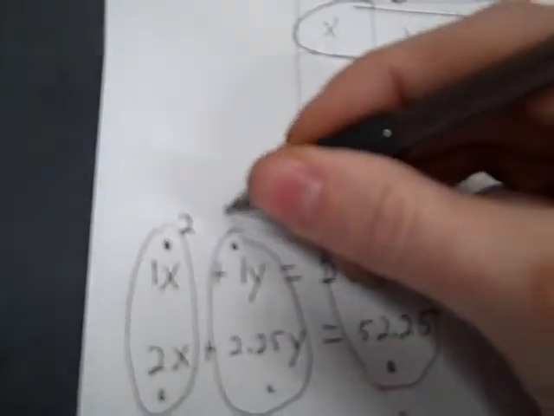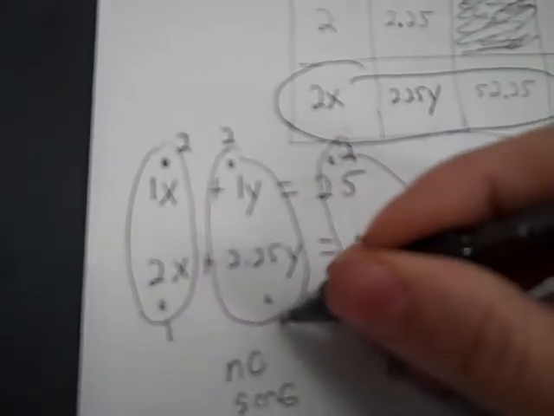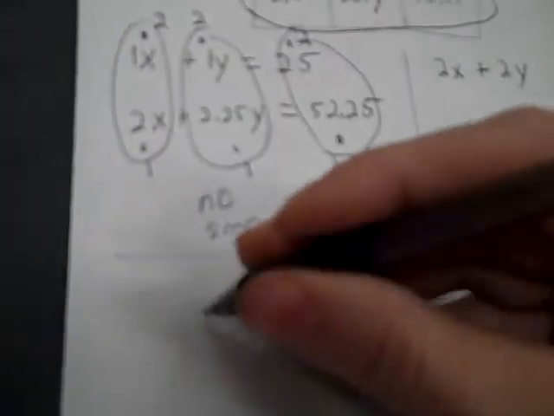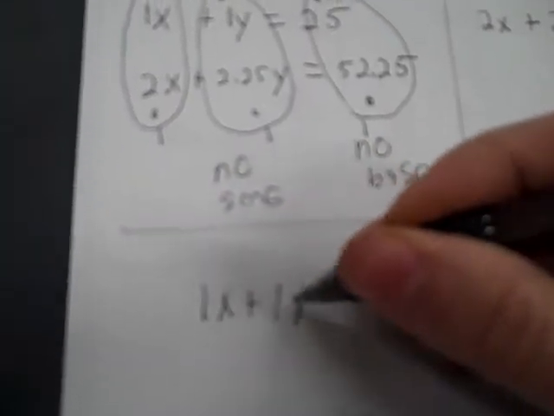So I have 2 right there, so 2, 2, and 2. Then a 1 there, so 1, 1, 1. So 1x times 2 is 2x. 1y times 2 is 2y. By the way, write that equation right here, that top one.